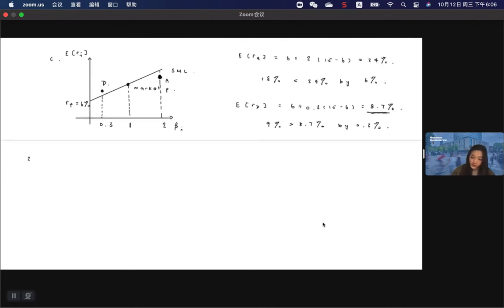Question 20. Two investment advisors are comparing performance. One averaged a 19% rate of return and the other a 16% rate of return. However, the beta of the first investor was 1.5, whereas the second investor's beta was 1. Because they took different levels of risk and also earned different levels of return, we can't just say which one is better.